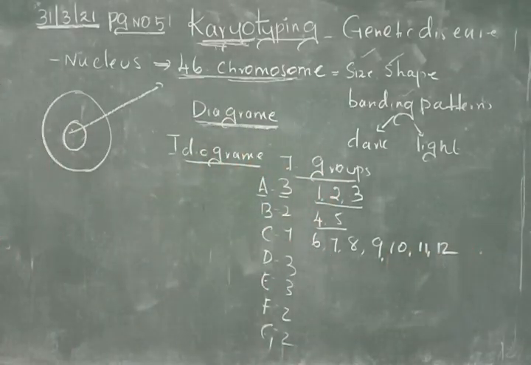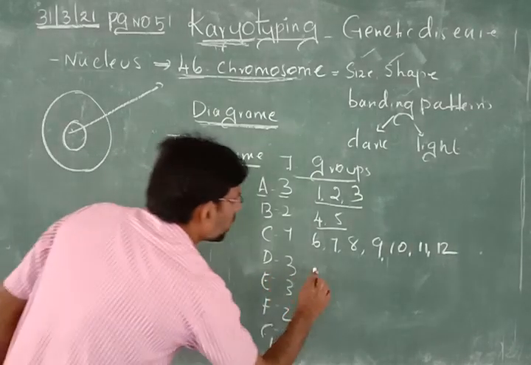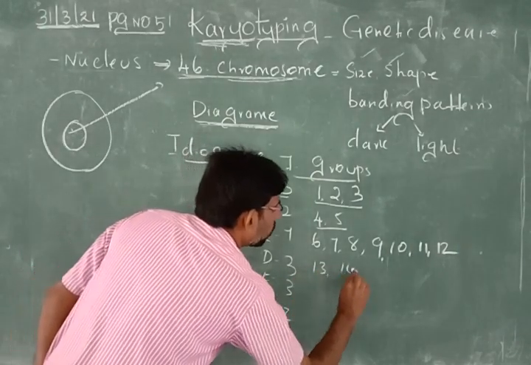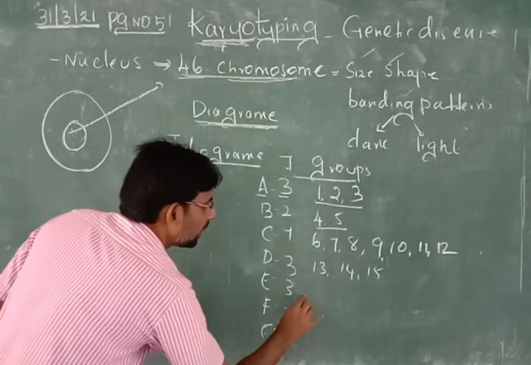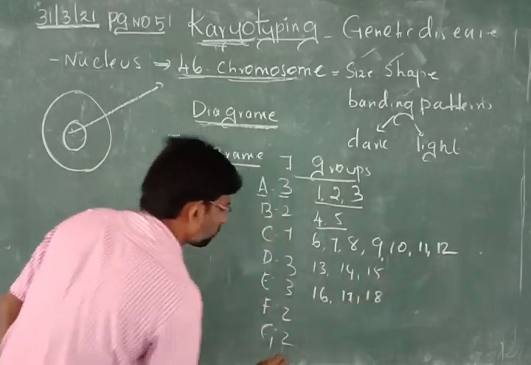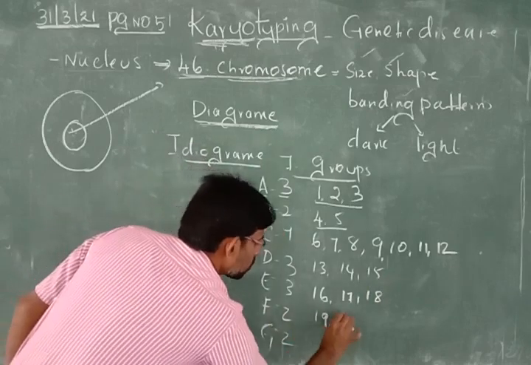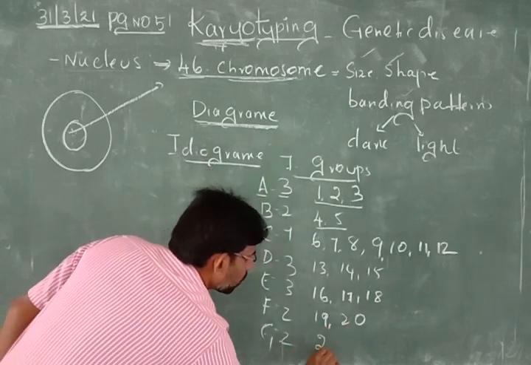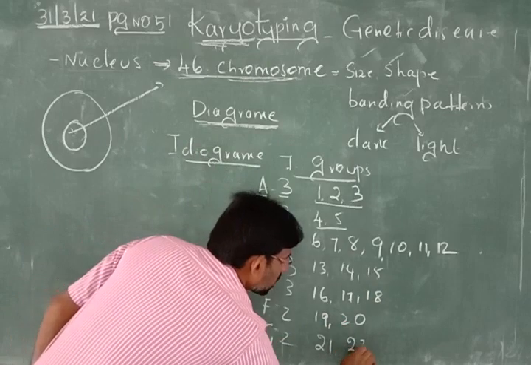Those chromosomes come under the group called C. Then 3 here, so we will have 13, 14 and 15. Then here we will have 16, 17 and 18. Then 2, 19 and 20, and here we will have 21 and 22.